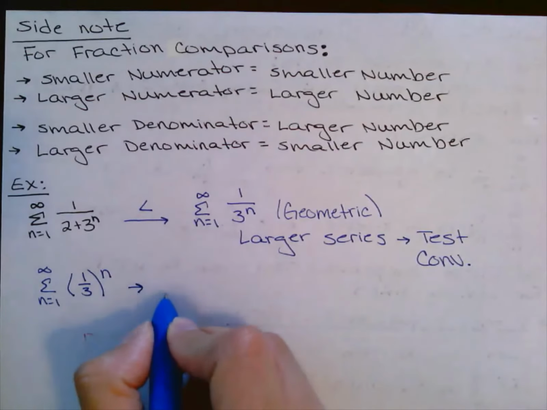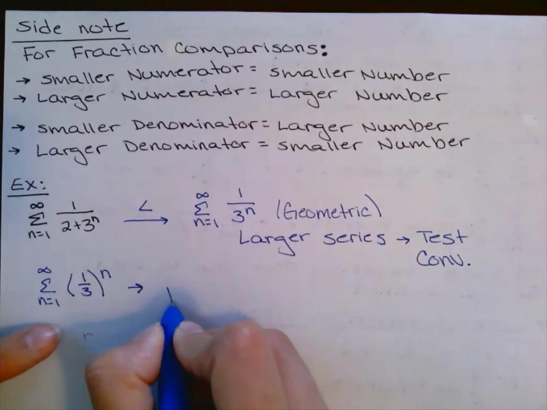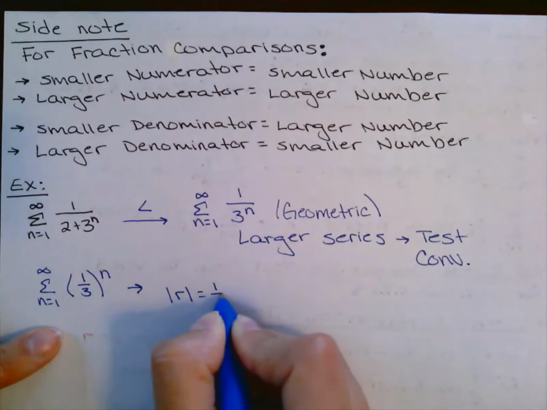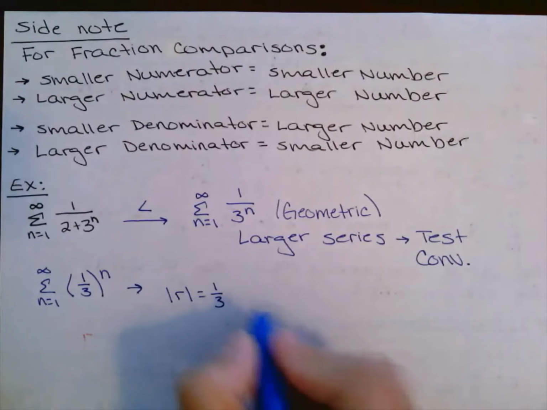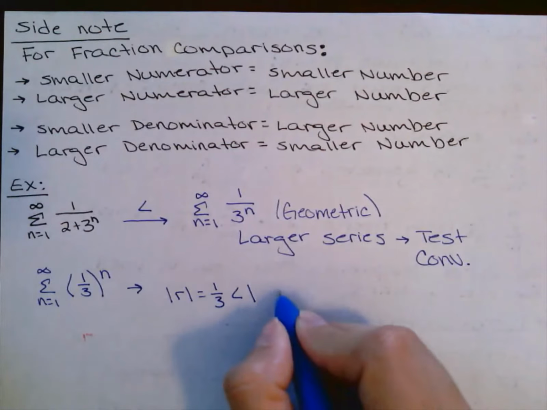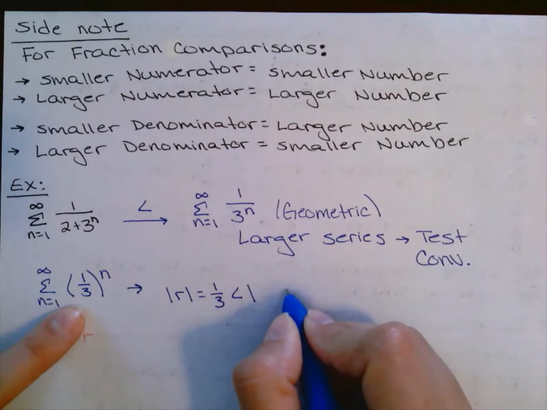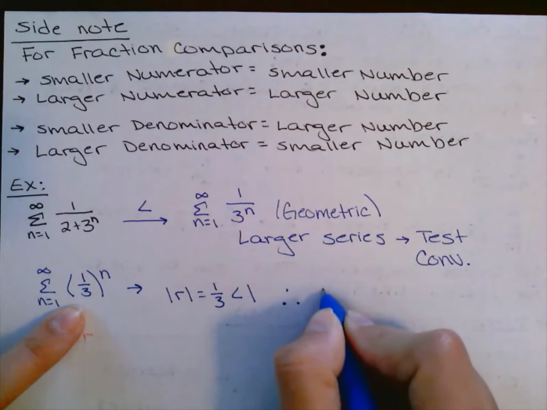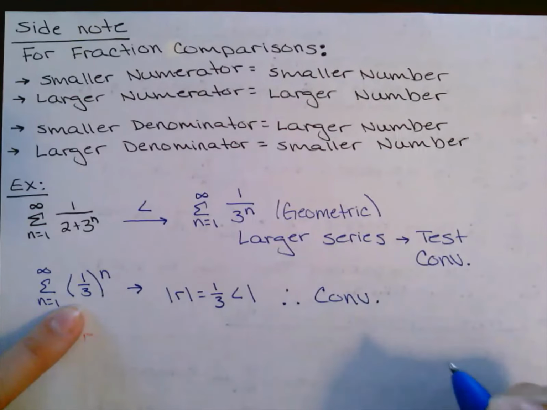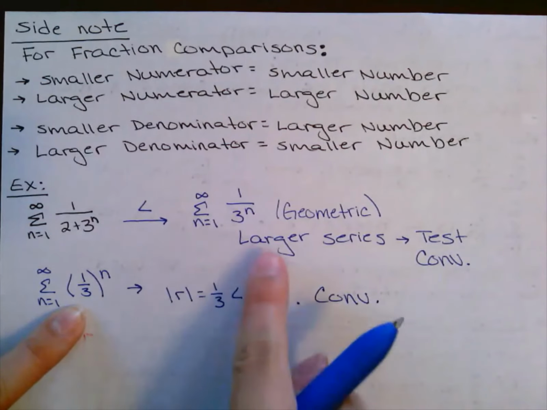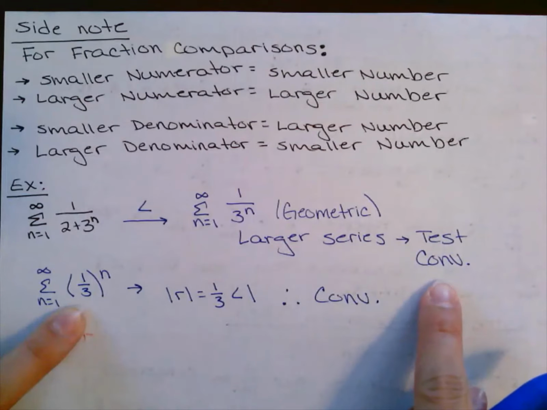That means for geometric, okay, my absolute value of r is 1 over 3. And because that is less than 1, then this series converges, okay? So I said because I was testing the larger, I could only test for convergence.